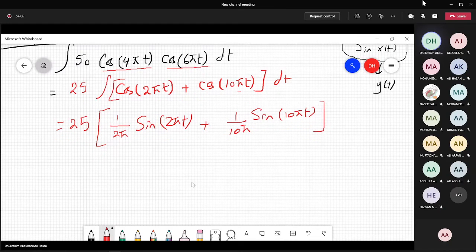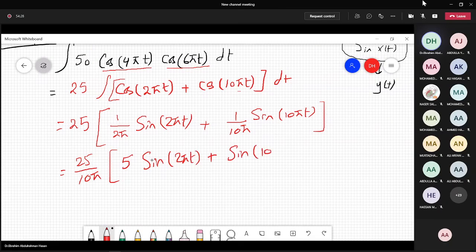If you want to simplify it more, you can take 10 pi common, so 25 over 10 pi as a common factor. Here we have 5 sine 2 pi t plus sine 10 pi t. This becomes 5 and this becomes 2. That's all.